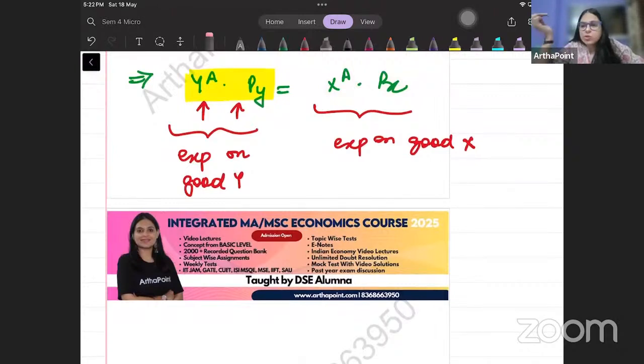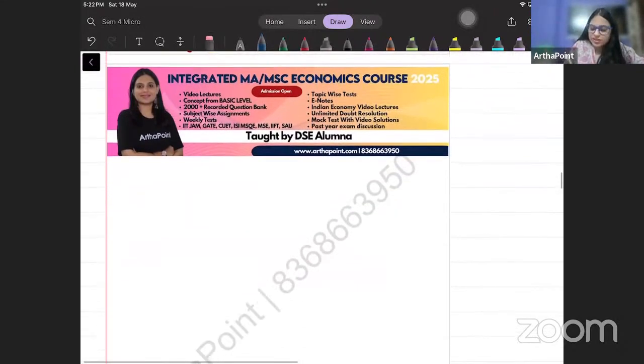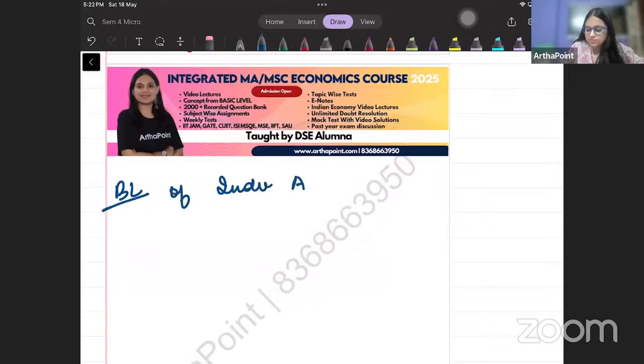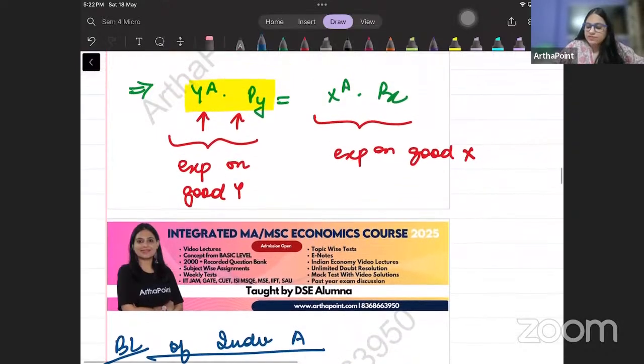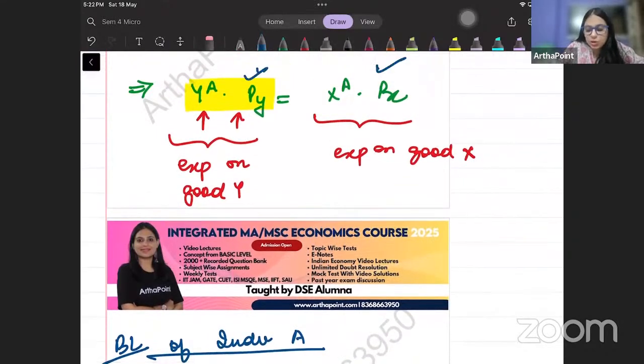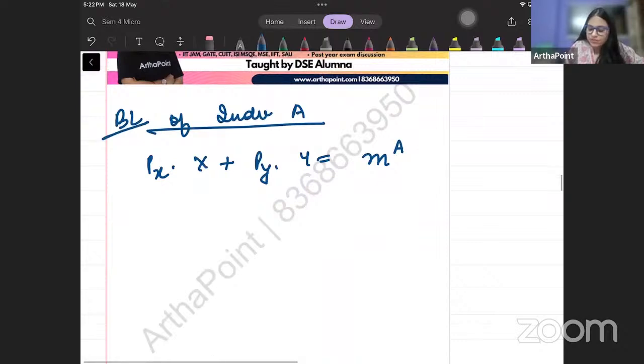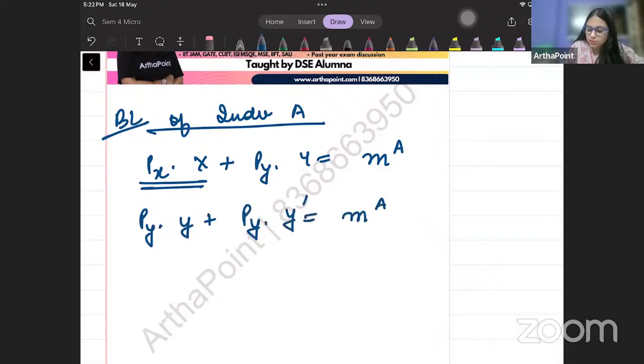So now, beta, we need to write the budget line of individual A. And what will be his budget line? PX into X plus PY into Y is equal to income of individual A. But from our equilibrium, we have found out that PX into X is equal to PY into Y. Na? तो PX into X की जगह पे I will just plug PY into Y plus PY into Y is equal to income of individual A. हर जगह A लगा दो.